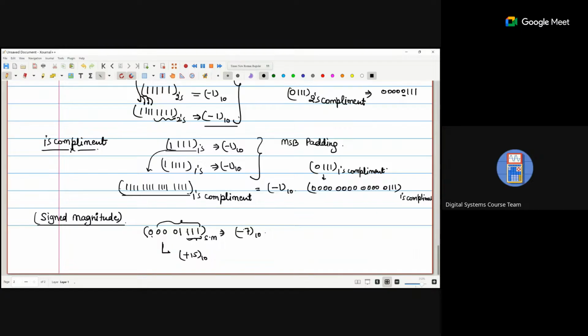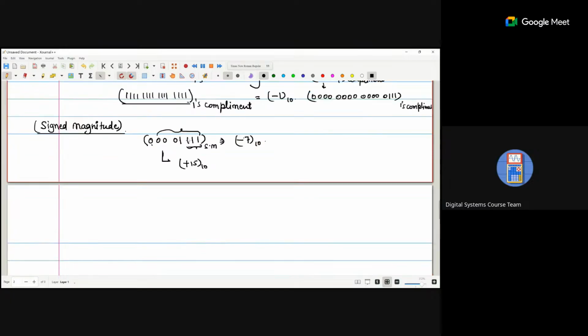Okay. So we can't add a 0 in the MSB. Now we check with 1. So we add four ones. The 4 bits are already here, so this one is minus.